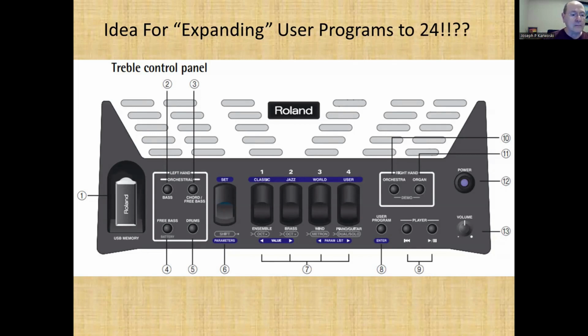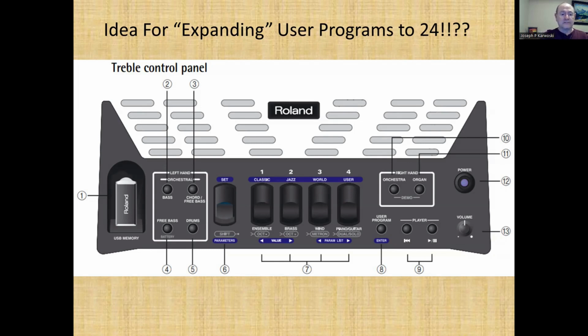So if I'm playing in 1A and I hit the orchestral, I'm going from that accordion to an orchestral sound. I hit the organ button, I've now gone from orchestral to the organ sound. I turn that off, I am back to the accordion sound. And this works whether you've got the orchestral set up and you're going to organ and accordion. That doesn't matter for this discussion.